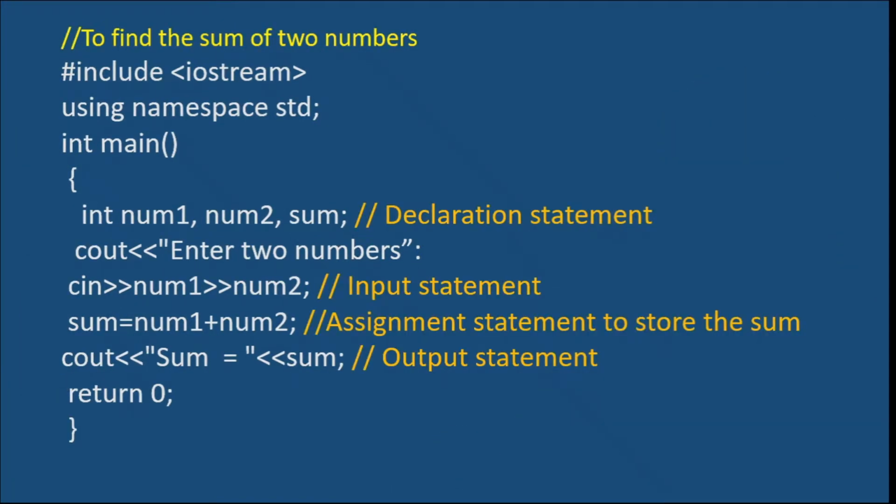Thereafter, to find the sum of two numbers, we have to declare three variables. I have declared here num1, num2 and sum, where all these variables can accept integer values.